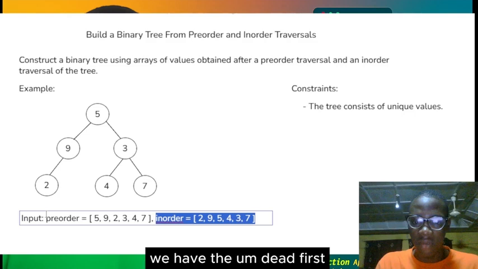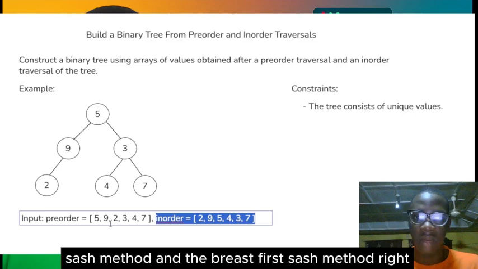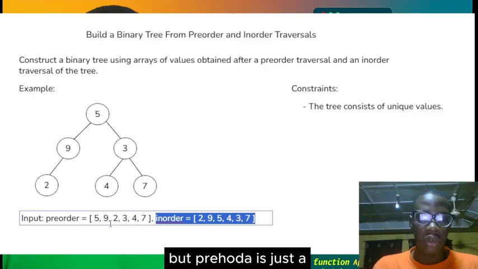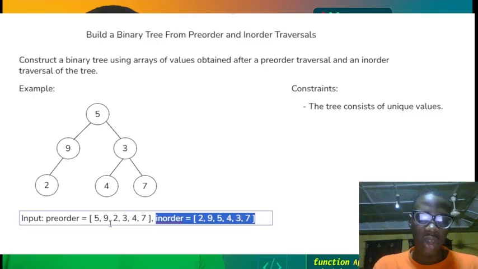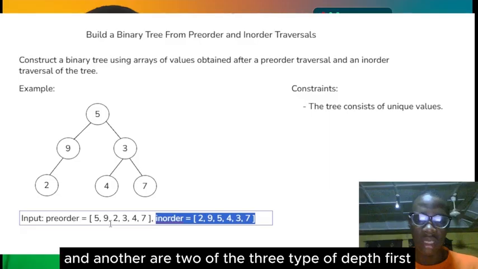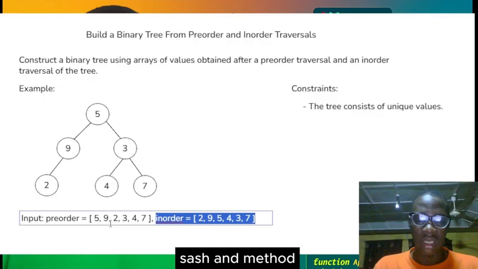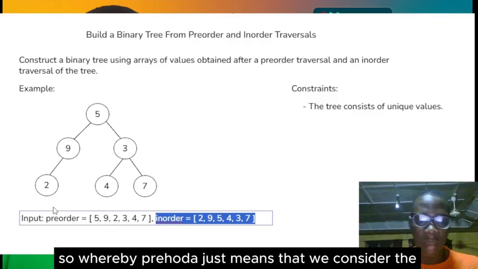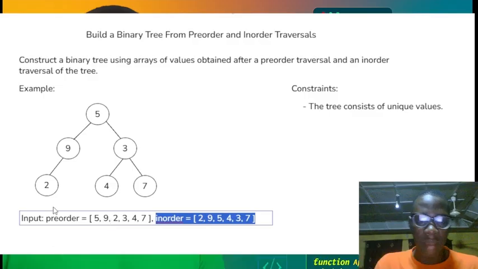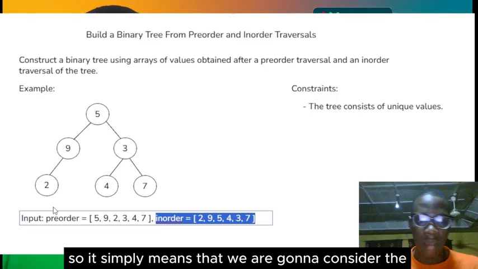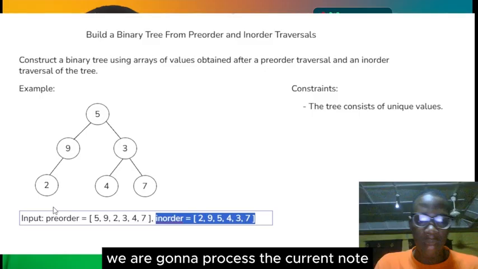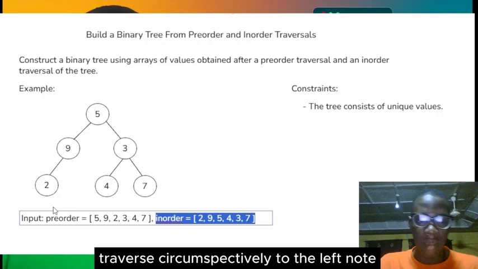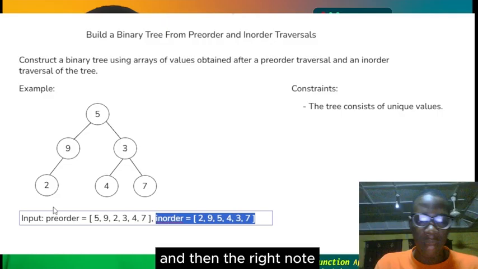We have the depth first search method and the breadth first search method, right? Preorder and inorder are two of the three types of depth first search method. Preorder means that we process the current node, then traverse recursively to the left node and then the right node.